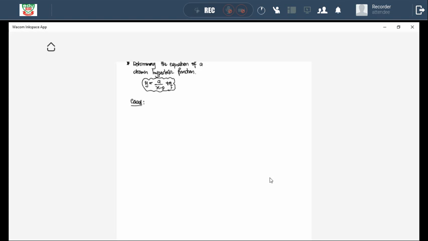These two cases can be merged into one. I'm just separating them so that we can see it clearly.